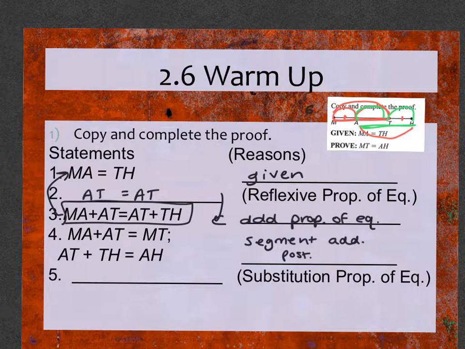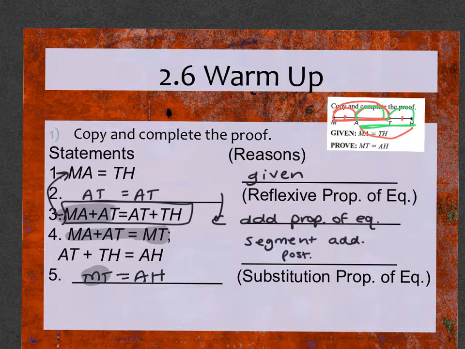So then 5 is the substitution property, for the reason I should already know what that should be, right? What's that? MT equals AH. Because we said here that MA equals AT, and then we said here MA plus AT equals MT. So we took MT in place of MA plus AT.